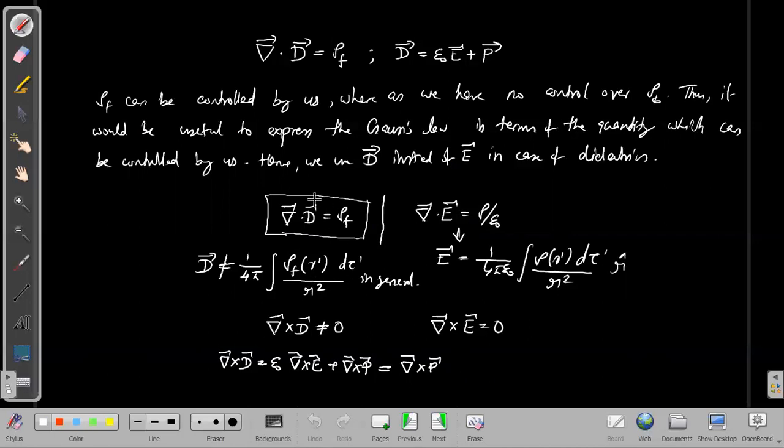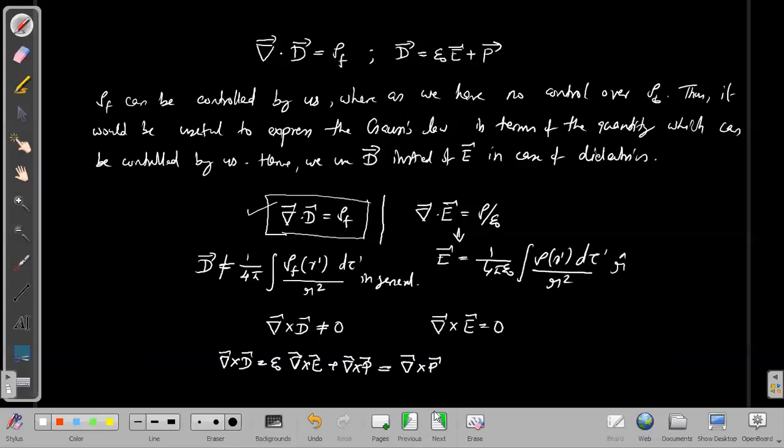However, we can use this expression to find the electric displacement if the system possesses some symmetry. The other important point of this equation is that rho f can be directly controlled by us. That is another advantage of this equation.